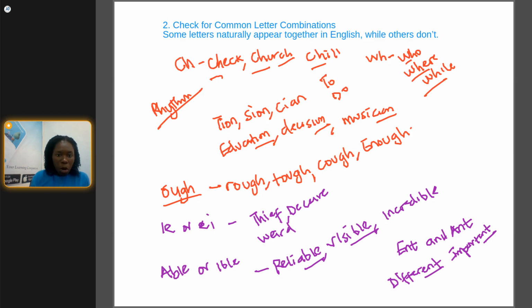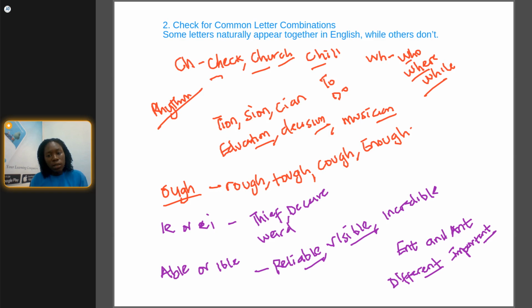So we have looked at the combination of CH, TION, WH, SION, CIAN. We've looked at the combinations of OUGH, the combination of IE or EI, then the combinations of ABLE or IBLE, and combinations of ENT and ANT.